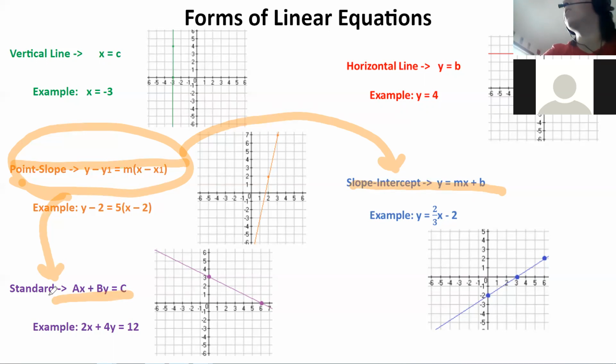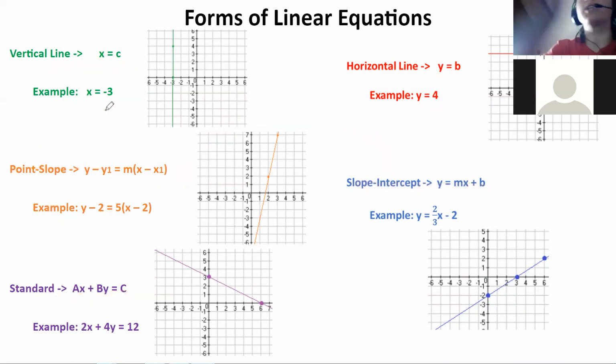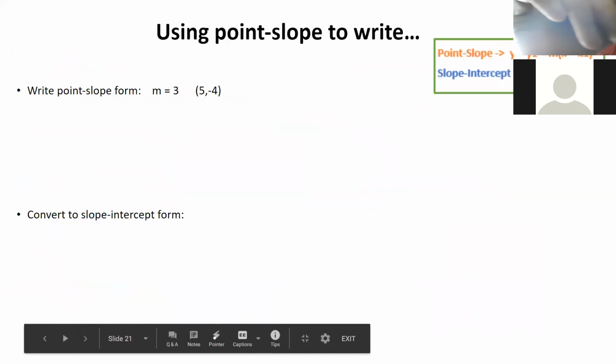And this did cause a little bit of confusion with what I saw. And don't forget, when you have a vertical line, it's always x equals a number. And when you have a horizontal line, it's always y equals a number. But we're not going to convert with those two. We're just going to convert with the bottom 3.